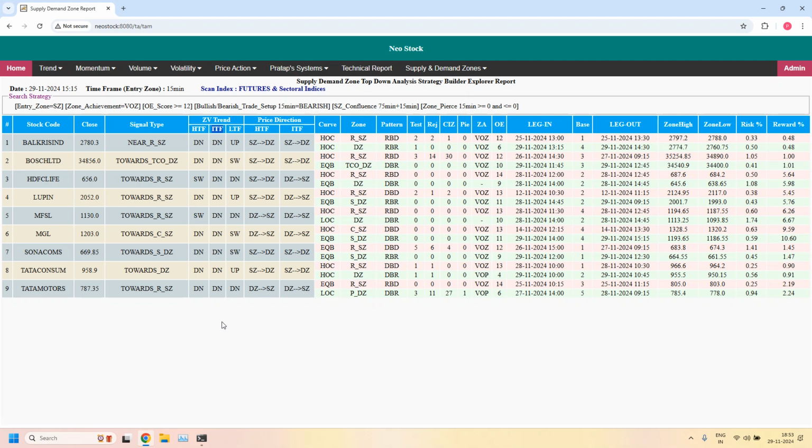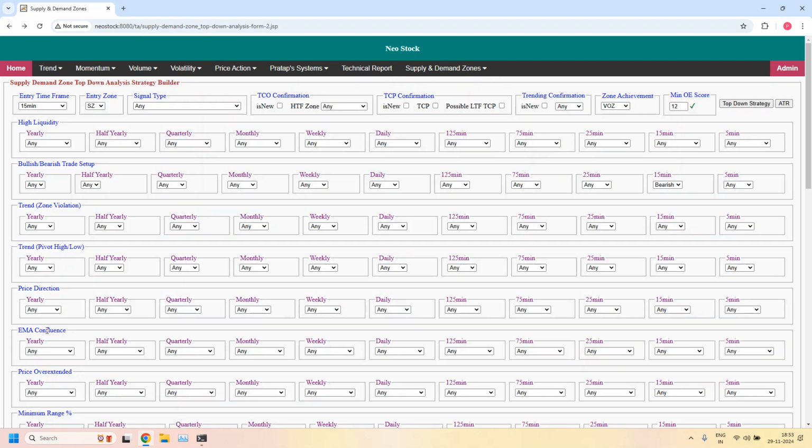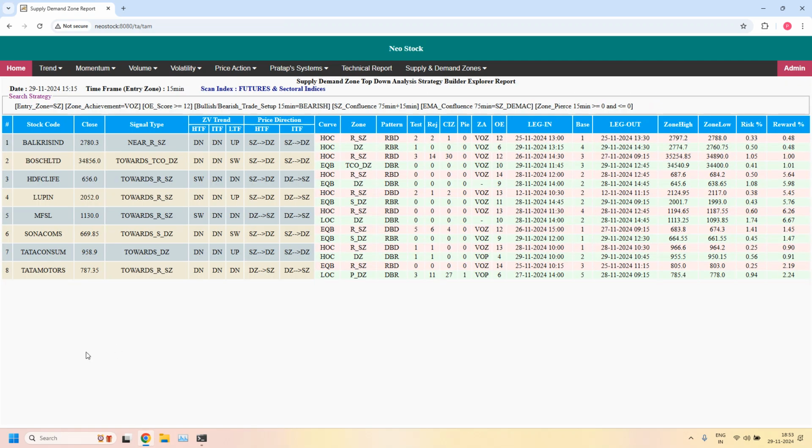If any of these 75 minute supply zones are having daily EMA confluence, they are even more high probability trade setup supported zones. Let's verify. In the EMA confluence at 75 minutes time frame, I am selecting the filter 75 minute supply zone having daily EMA confluence. With this filter we got 8 stocks.